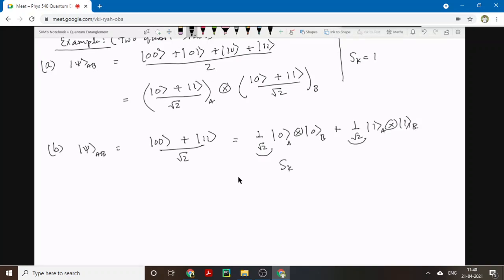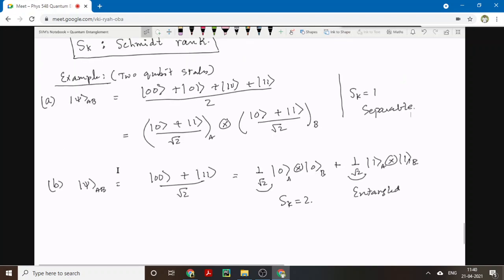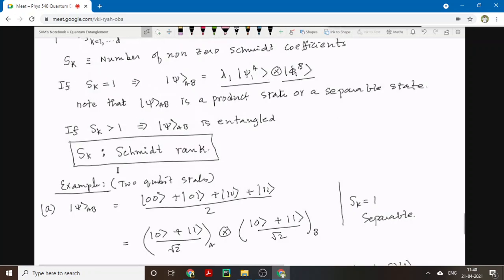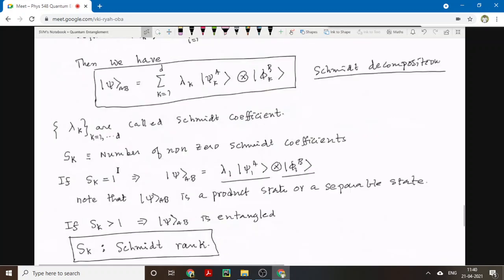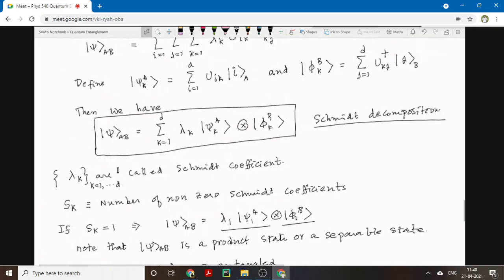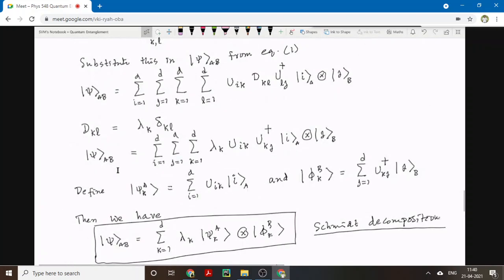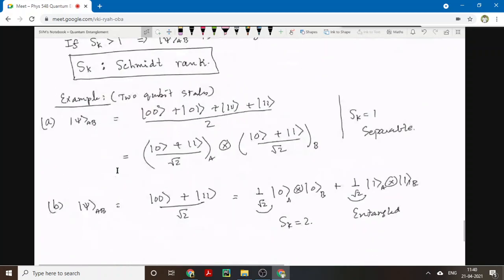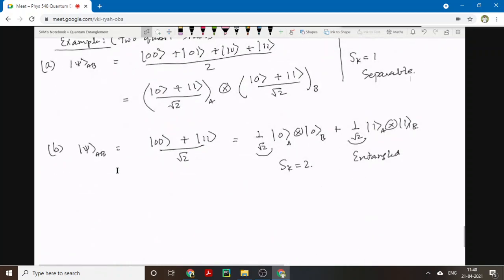So your Schmidt rank is equal to 2. So this is entangled, and the earlier one is separable. Like that, the Schmidt rank is another way in which a pure state can be found out to be either entangled or separable. If entanglement is there in the pure state, it can be detected. So this is one aspect.